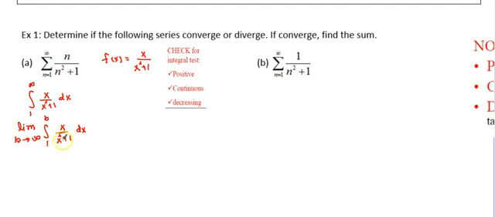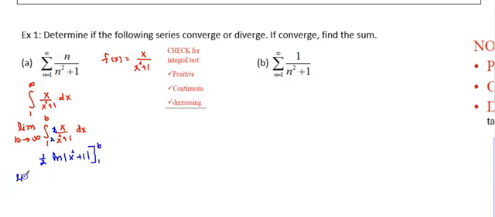Clearly we can apply u substitution. The derivative of x squared is 2x and I don't have a 2, so I can change it by multiplying and dividing by 2. So the antiderivative will be 1/2 ln of x squared plus 1, with bounds 1 and b.